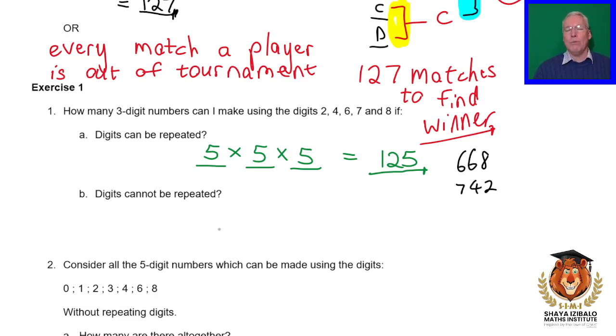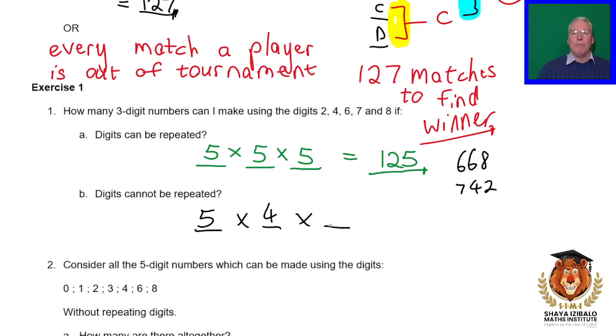Part B says, what if we cannot repeat them? Now how many choices have I got for my first digit? I've got 5 choices. How many choices have I got for the second digit? I've only got 4. Suppose I use the 6, then I've only got a choice of 2, 4, 7, or 8. But whatever I use, even if I use the 8, I've only got a choice of 4 for the next digit.